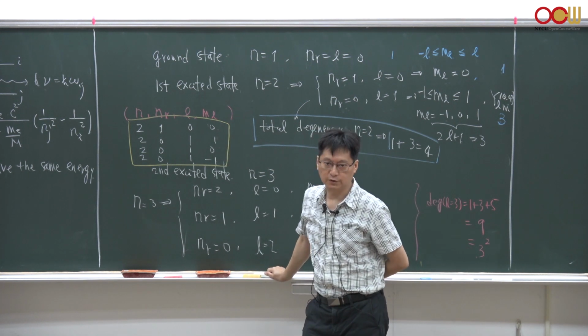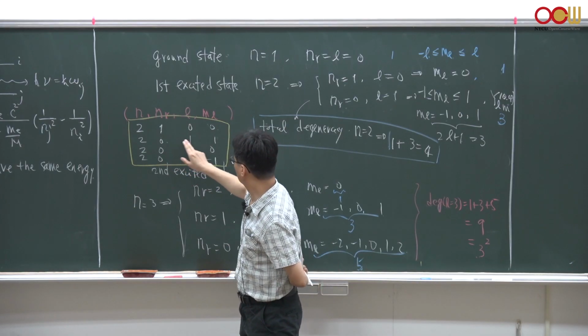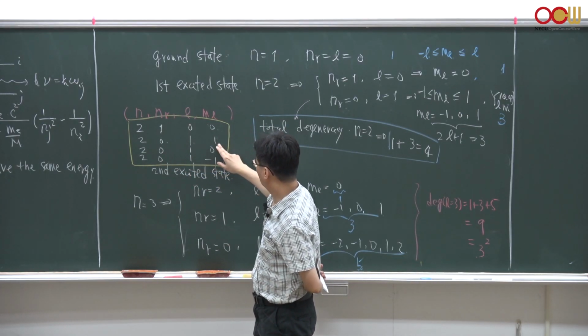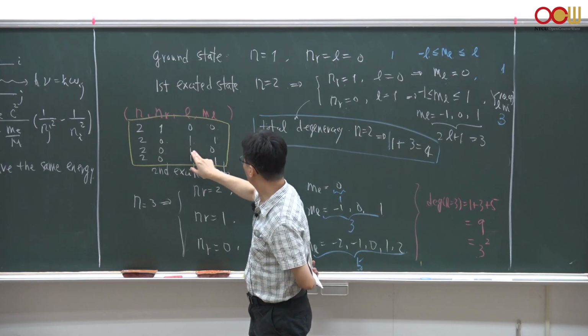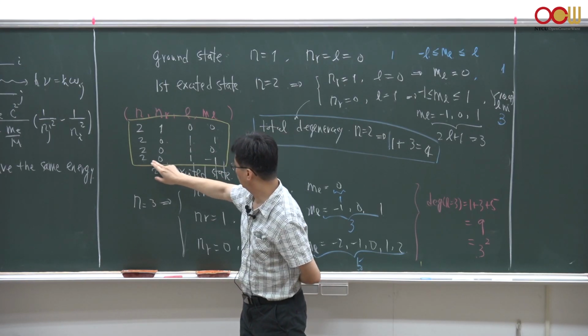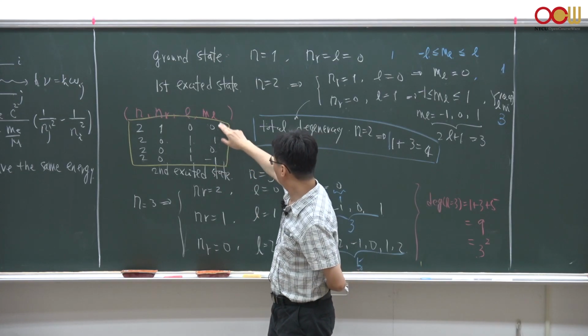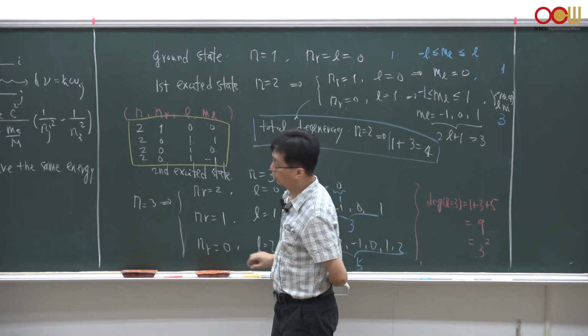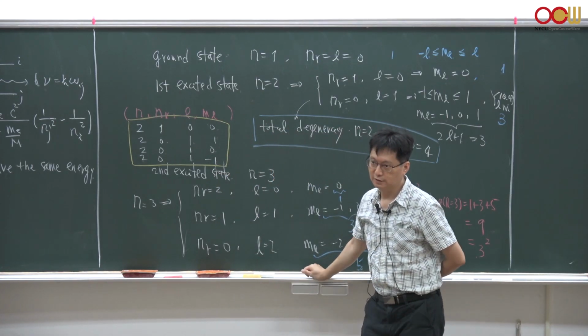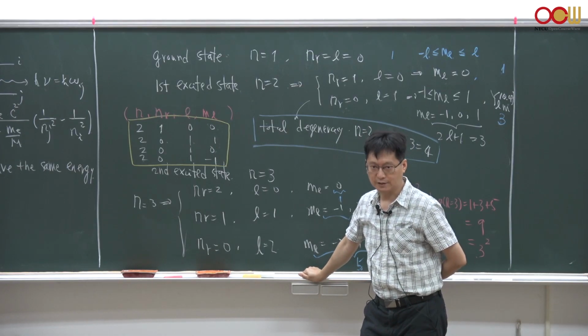There's always some difference. For example, this 2, 0, 1, 1 is different from 2, 0, 1, 0, and also different from 2, 0, 1, minus 1. Because remember, when ml shows different values, that represents different eigenstates.